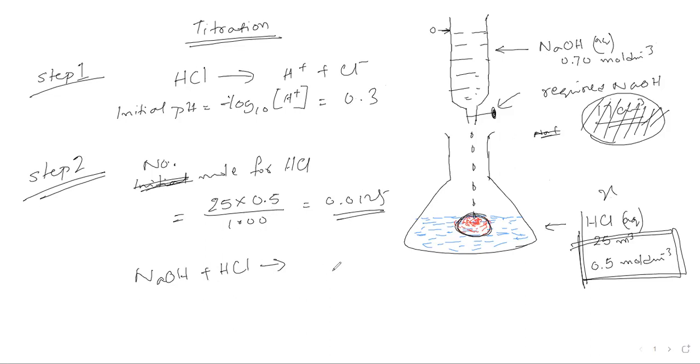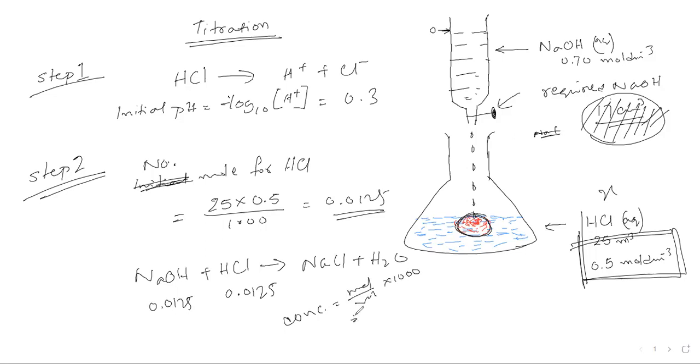So NaOH plus HCl would give NaCl plus H2O. Now, since the mole of HCl is 0.0125, the molar ratio we can see is 1:1, so the mole of sodium hydroxide should also be 0.0125. Now, to find how much volume of sodium hydroxide is being used, we can use the formula concentration equals mole divided by volume into 1000.